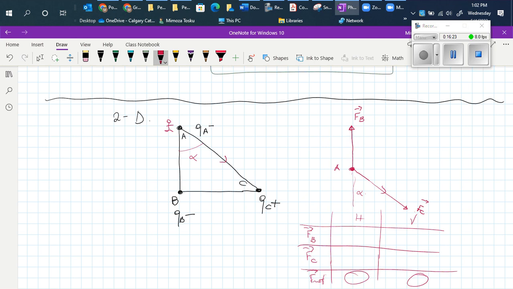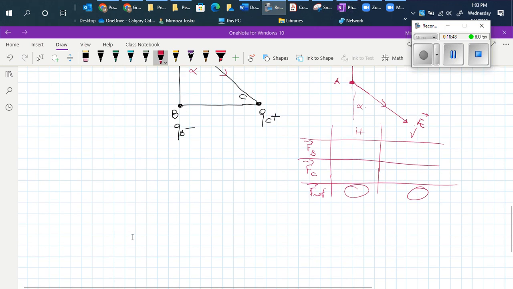After we find the horizontal and the vertical components, we compose the vector, which is just taking the magnitude and figuring out the angle that it is forming with one of the axes. And then we define what is the net force at point A.